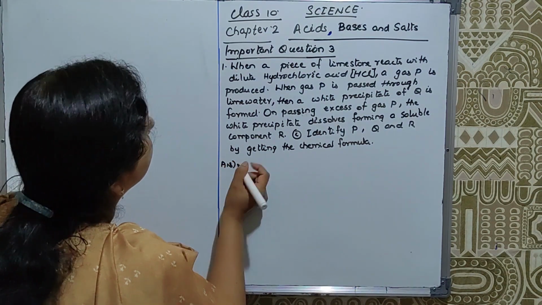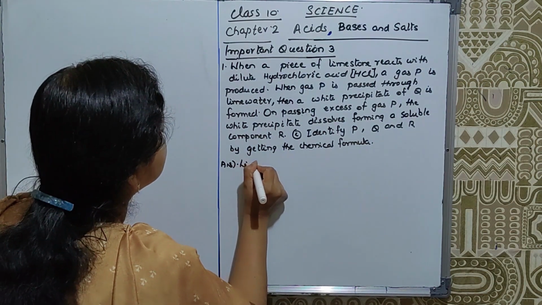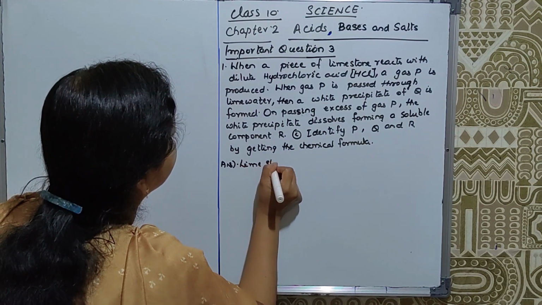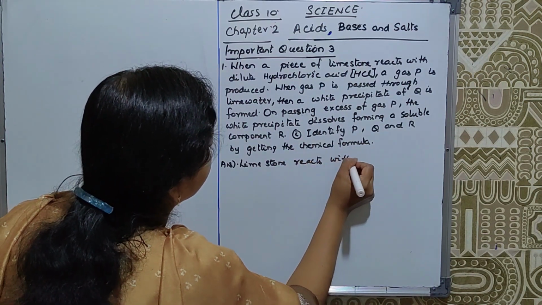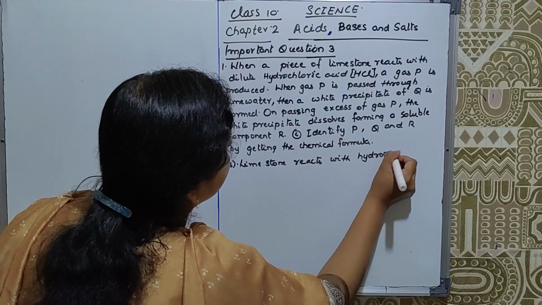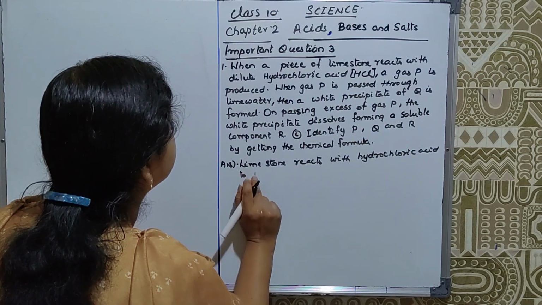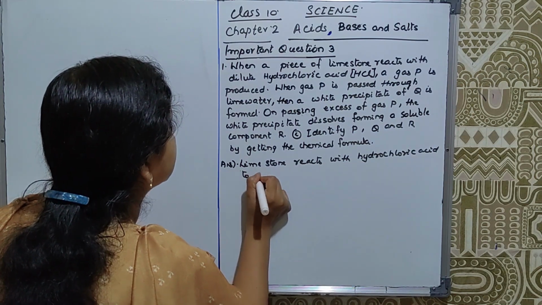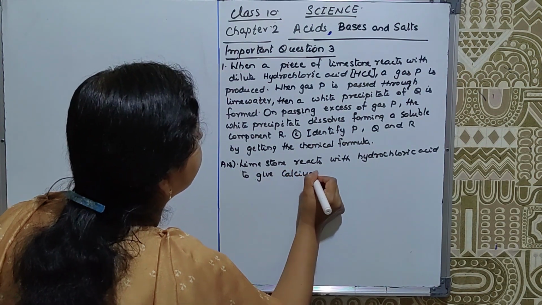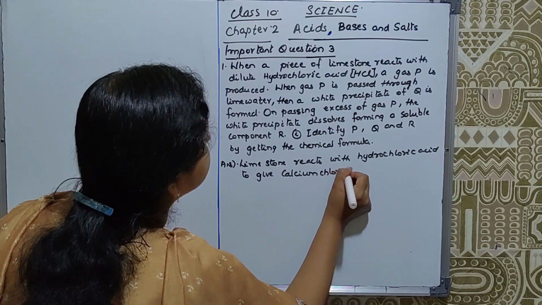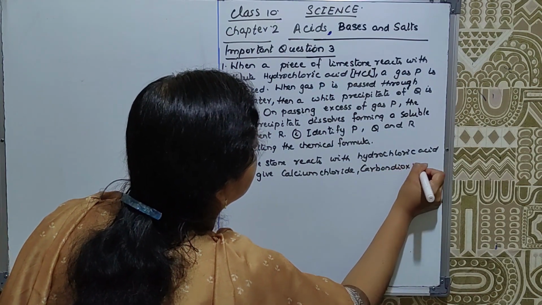Now, when a piece of limestone reacts with hydrochloric acid, we'll write: limestone reacts with hydrochloric acid to give carbon dioxide, calcium chloride, and water.